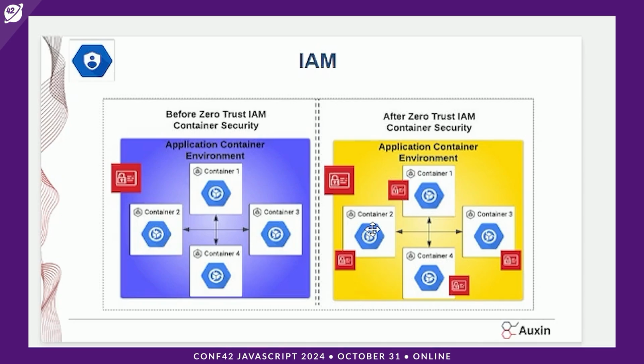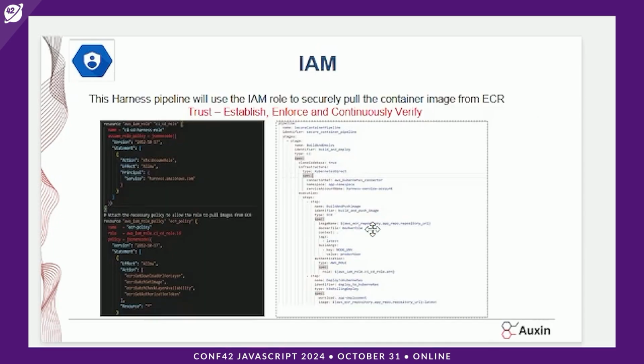This ensures that only authenticated and authorized actions are permitted, minimizing the attack surface and safeguarding sensitive resources within the microservices environment. In this Harness pipeline, an IAM role can securely pull the container image from the AWS Elastic Container Registry, ensuring that only authorized users and processes have access to critical resources.